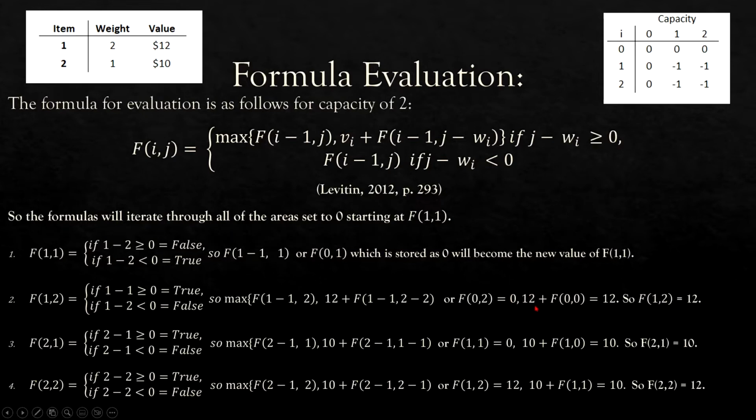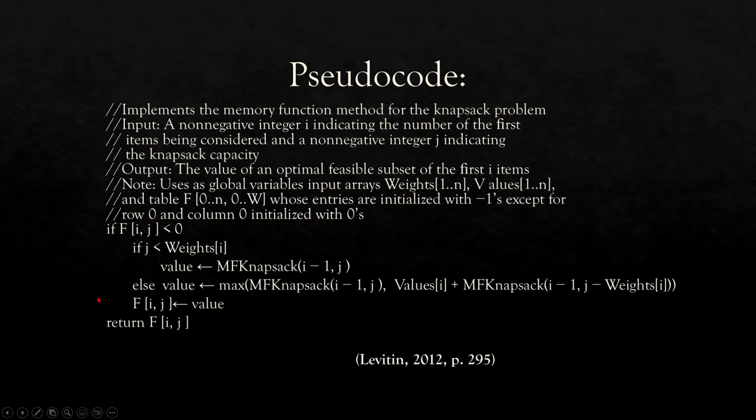This section does the value of 12 plus f of 0, 0, which is also 0. So in essence, you have 12. So then we go back and we're going to do, in the pseudocode, we're going to follow this portion here, which is, after this, you perform the max function. F of ij becomes that value.